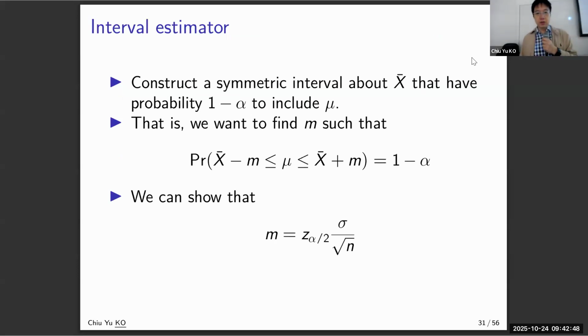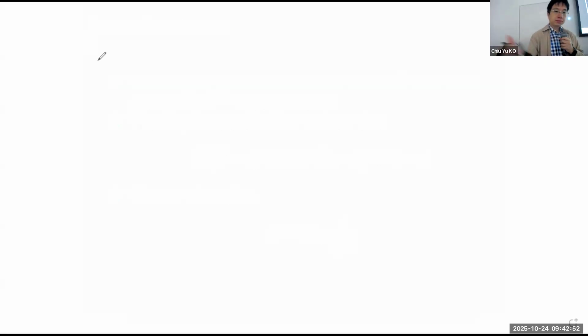What we want is the following. We have a sample mean here, right?